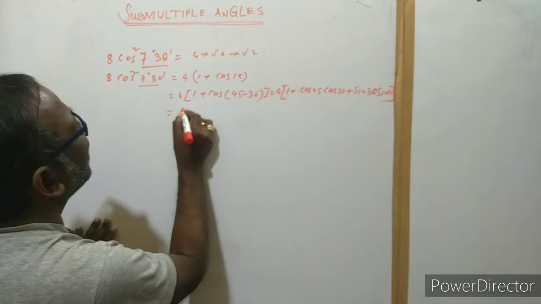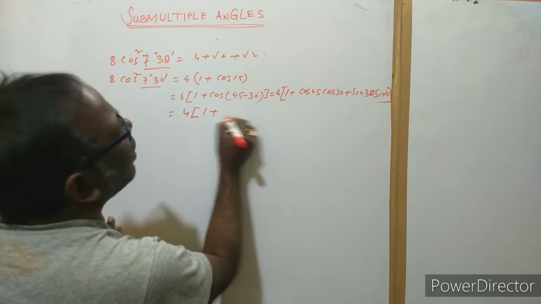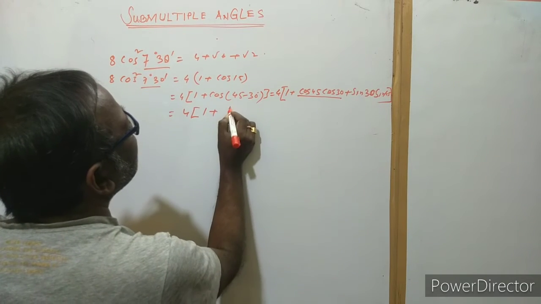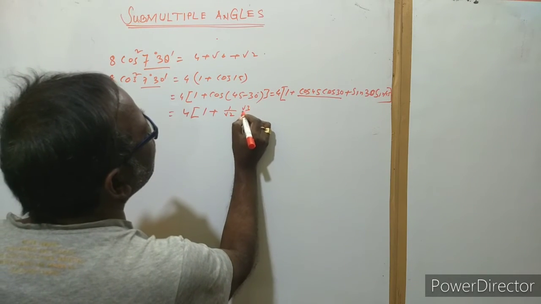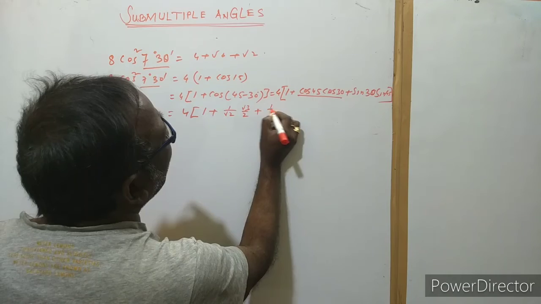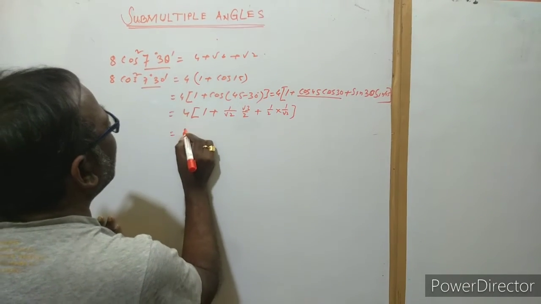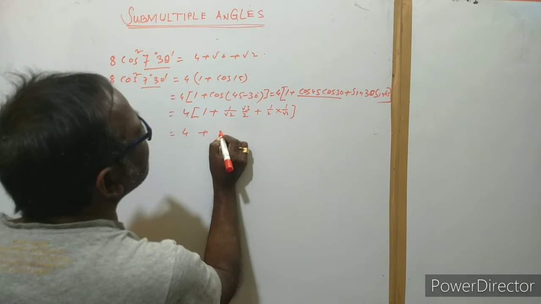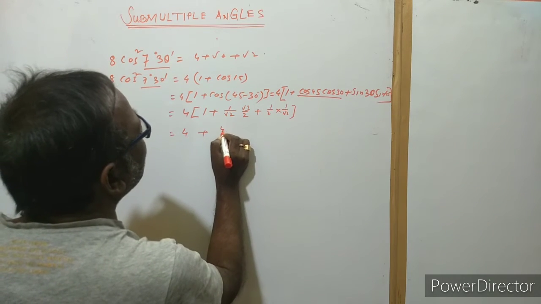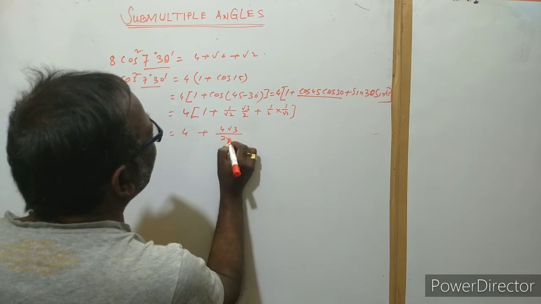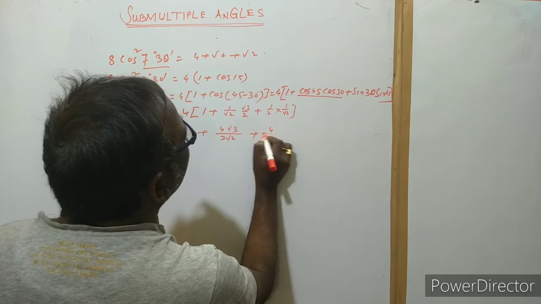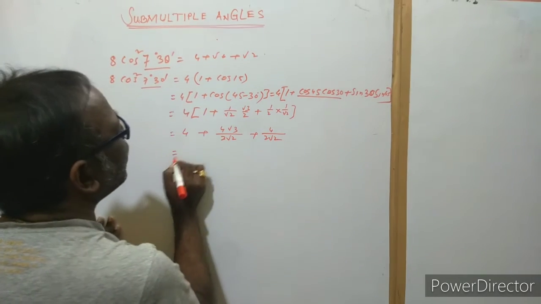Okay, and now 4 and 1 plus, and what is the value? This is 1 by root 2 into root 3 by 2, and this is here half, and this is our 1 by root 2, and multiply both with that, and this is here 4 root 3 by 2 root 2 and 4 by 2 root 2.